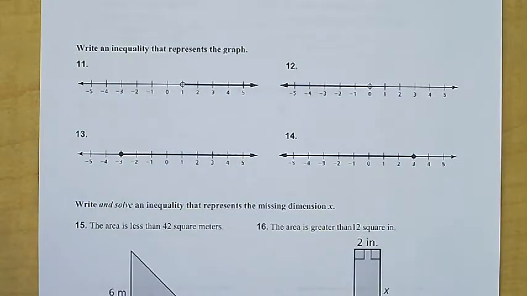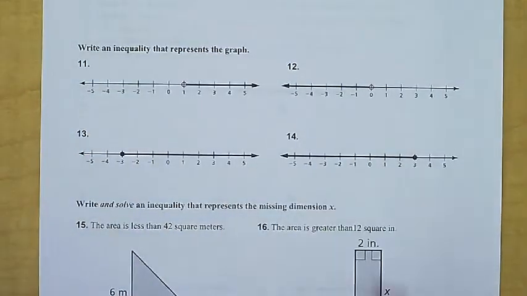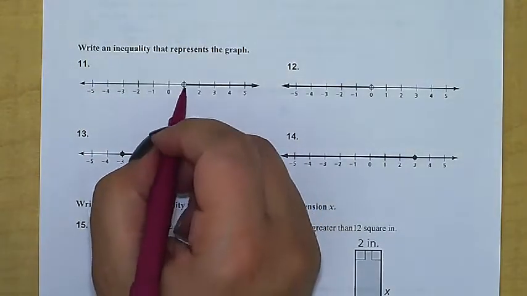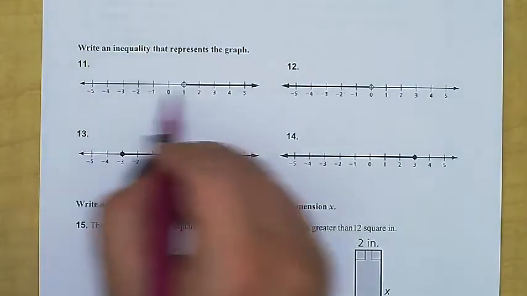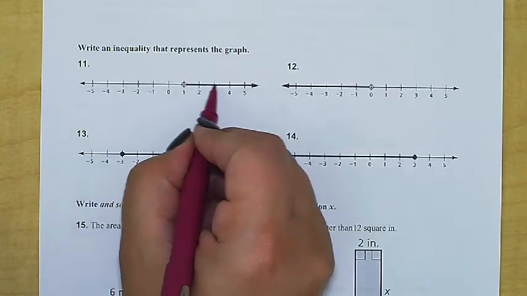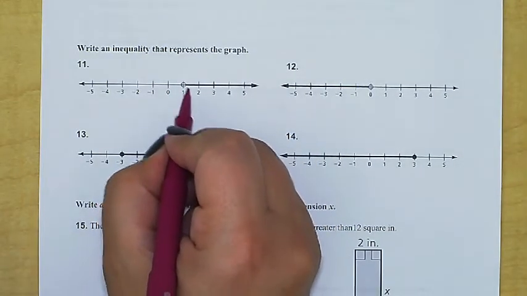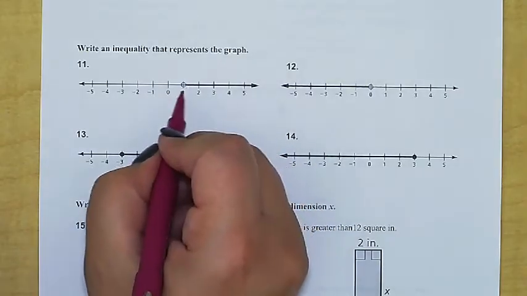What if we have graphs? What would that inequality look like if we wanted to write it algebraically? So we're sort of working the opposite of 7 through 10 here. I have a graph, and it indicates that in this particular number line, the solution set is all of the numbers that seem to be greater than 1. So my boundary, I can notice here my boundary number is 1. Is it included?